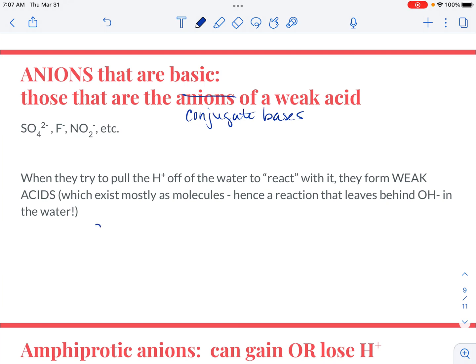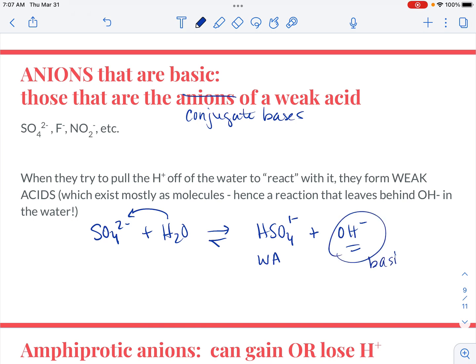So for example, if I have SO4 2-, it can react with water to accept a hydrogen, which is what bases do for Bronsted-Lowry, and become HSO4-. SO4 2- can react with water to give you HSO4- and leaving behind the hydroxide ion. And since HSO4- is a weak acid, the hydroxide remains in solution, and now it's basic.